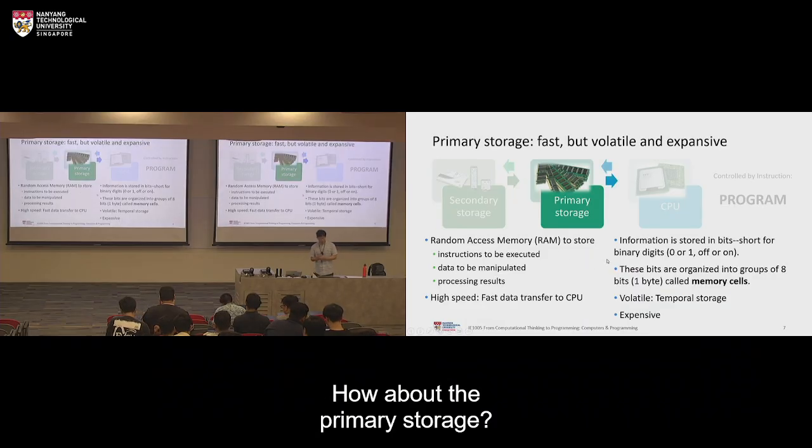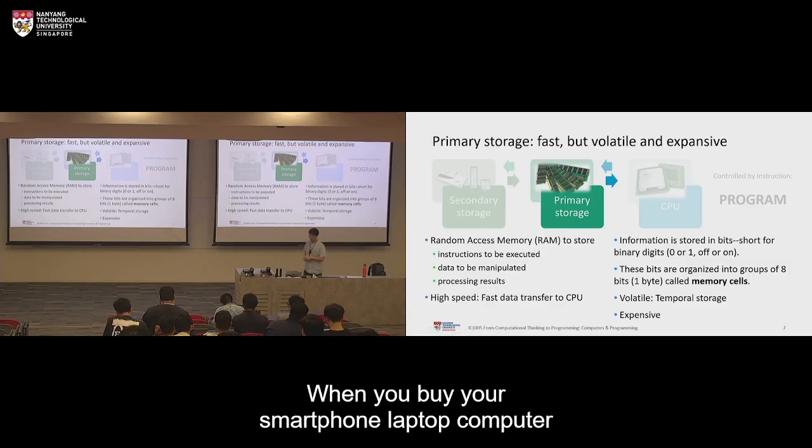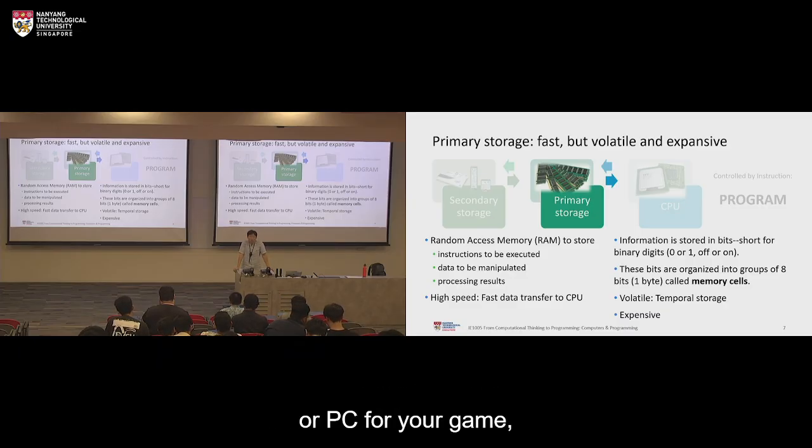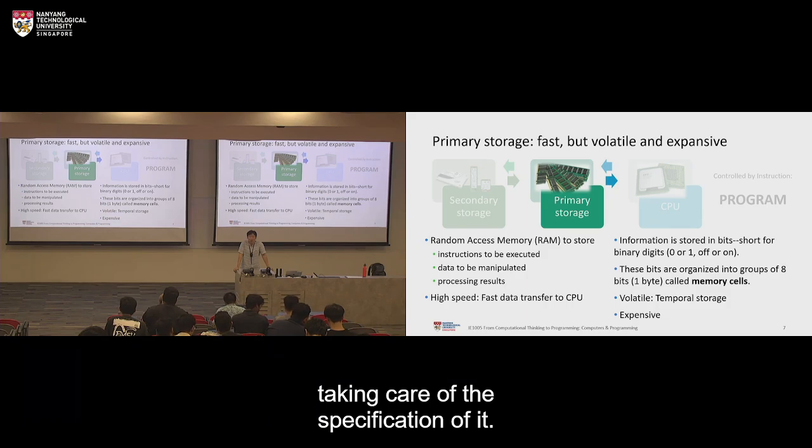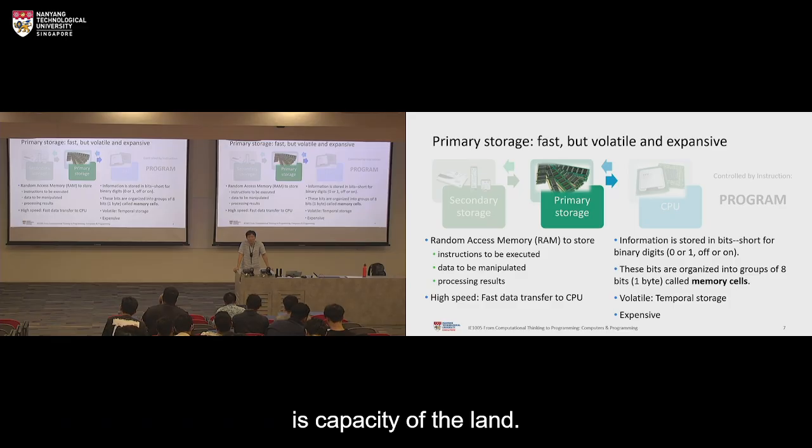How about the primary storage? When you buy your smartphone, laptop, or PC for your game, you are actually taking care of its specification. One of the important specifications is the capacity of the RAM, right?